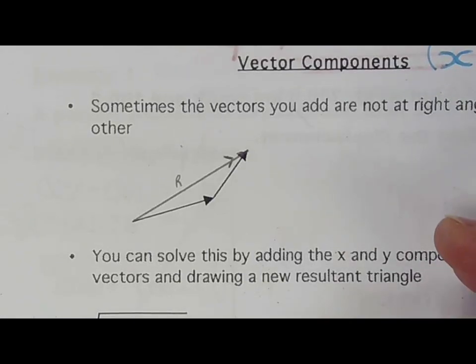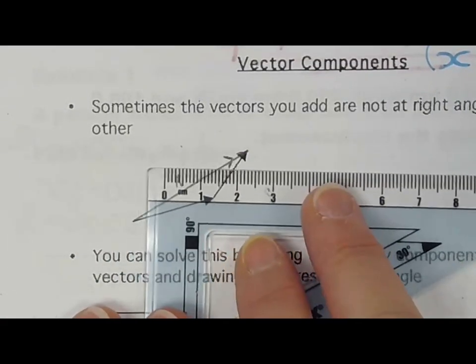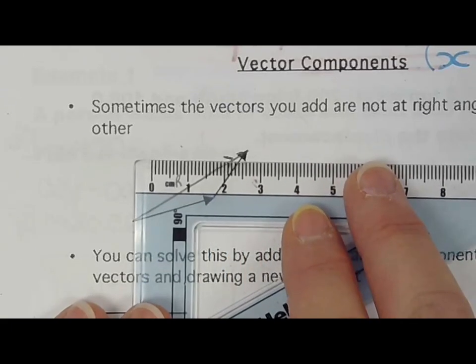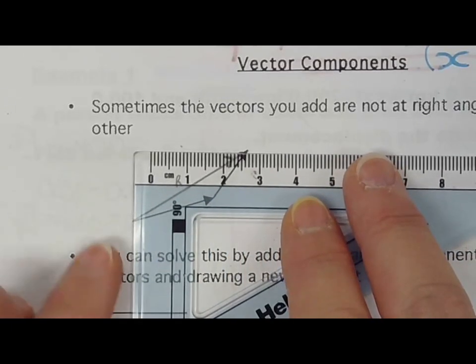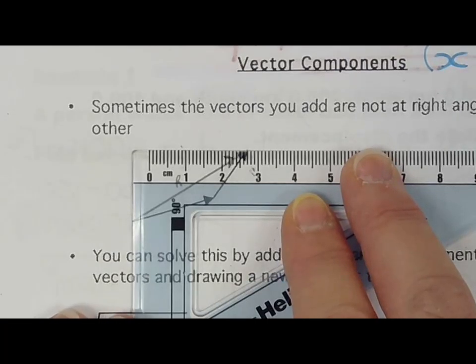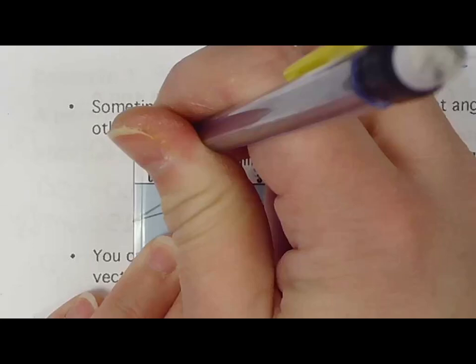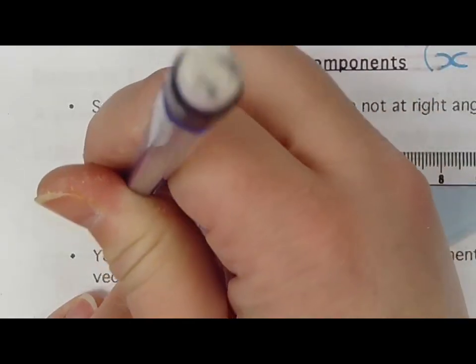So the first thing I want to do, and it's nice to use a corner, like a square if you can, is go along the side here and up to the top there and find my triangle. I want to make my resultant triangle.